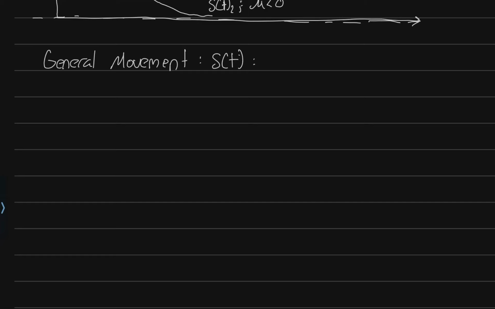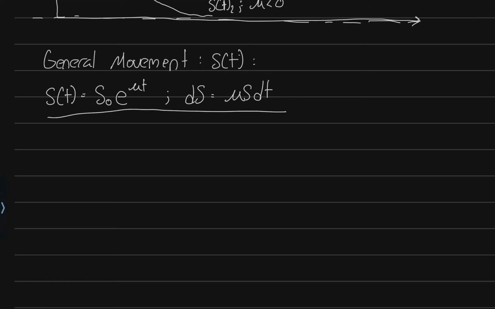We concluded that S of t is equal to the initial stock price, e to the power of mu t. And in differential form, we have ds is equal to mu s dt. So this is going to be very important. And this is going to be our general movement of our stock price.